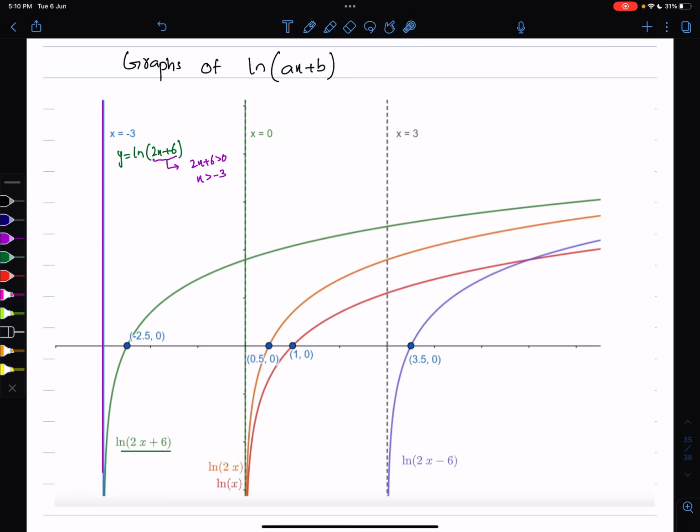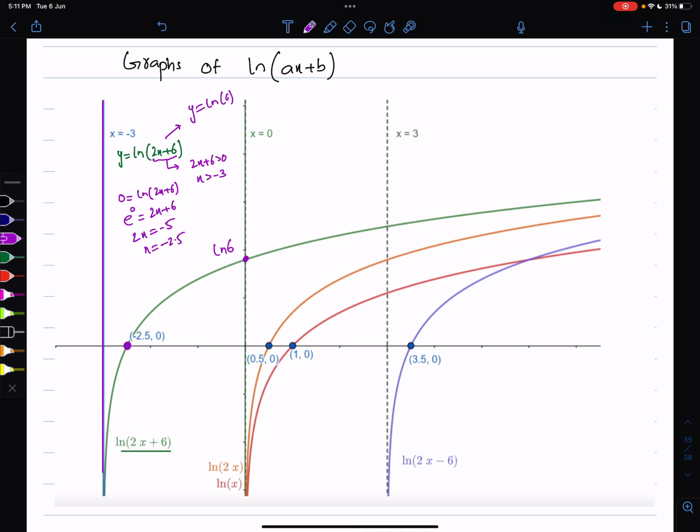And then we are going to draw the sketch. We observe that it's going to have an x-intercept and a y-intercept. To find the x-intercept, we plug in y as 0. So e to the power of 0 is equal to 2x plus 6, 2x equals minus 5, x equals minus 2.5. Therefore, the x-intercept is minus 2.5. To find the y-intercept, we can just plug in x as 0, so y comes out to be ln 6. So this point is going to be ln 6.